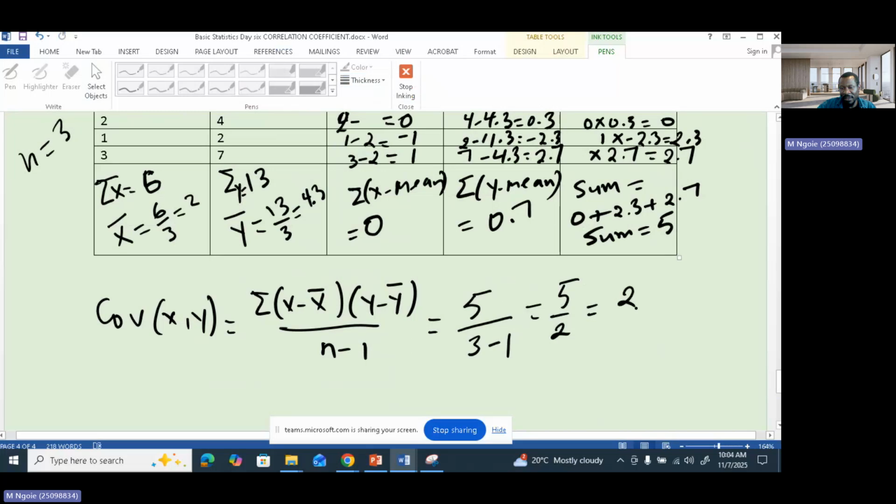That's going to be 2.5. So the covariance of x and y is 2.5.